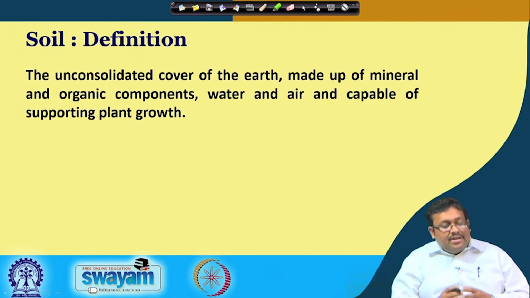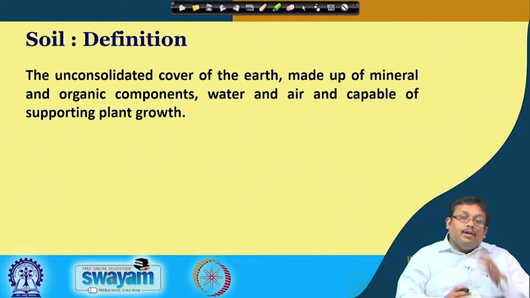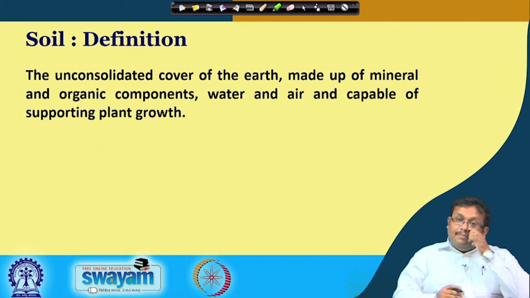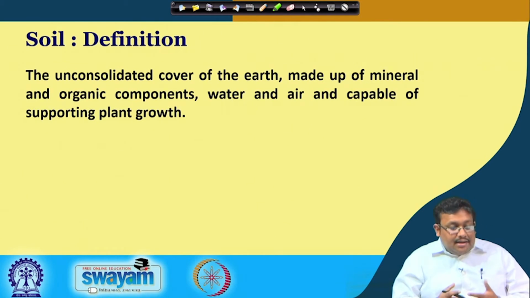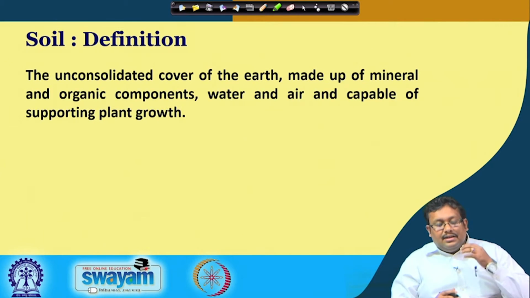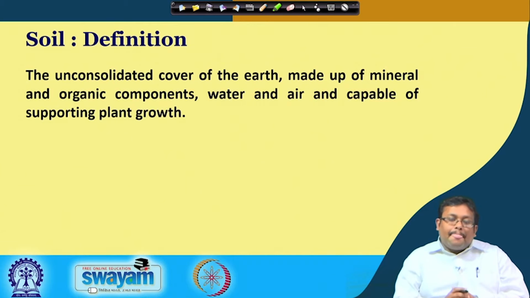So, by definition, soil is the unconsolidated cover of the earth made up of mineral and organic components, water and air, and capable of supporting plant growth. So again, it is an unconsolidated cover over the earth, made of both mineral and organic components, water and air molecules, and capable of supporting plant growth.